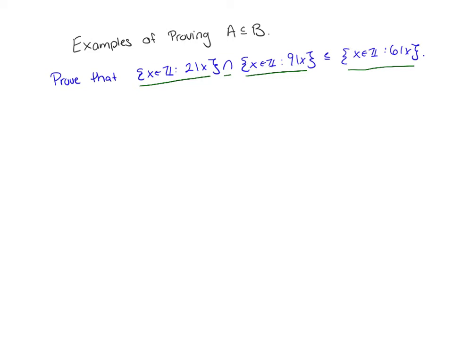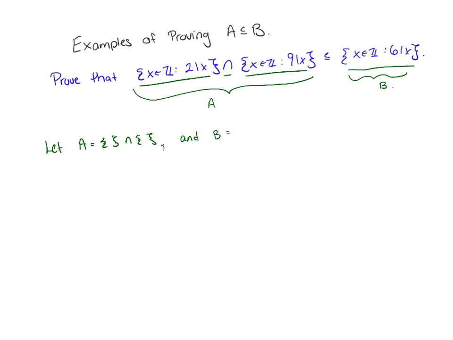Okay, so again, I'm going to call this huge set here A, and this set B. So I can put that in my proof, that A is equal to this set, I'm just going to be lazy and not actually write it out, and B equal to this set. We don't have to do that, but it might save us writing so much later on. So then this subset is really just an if-then.